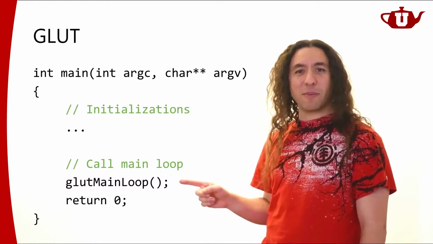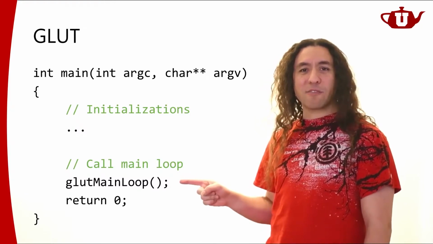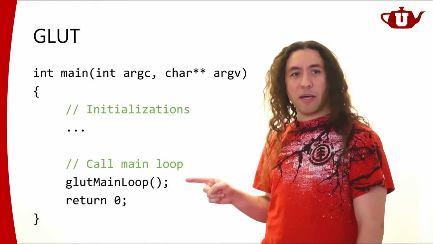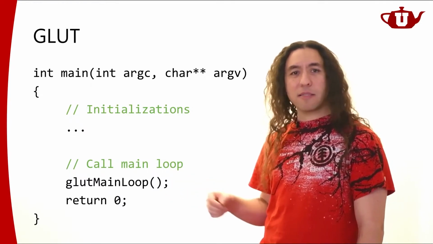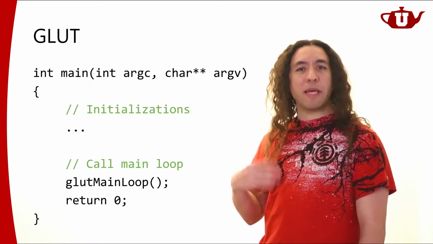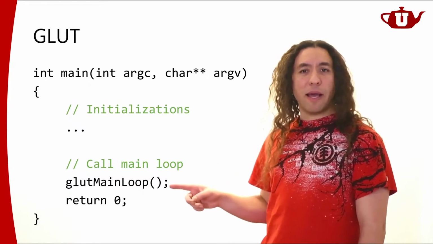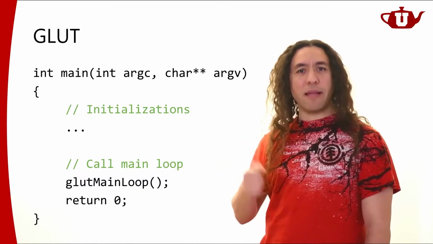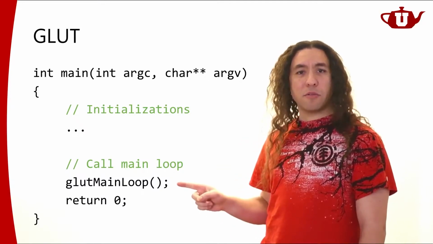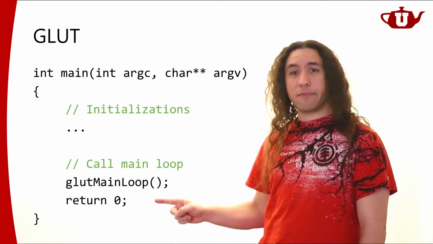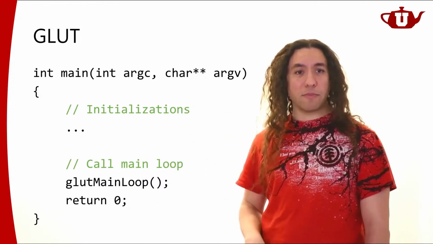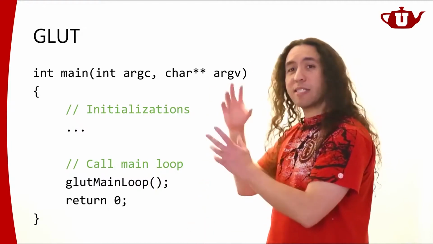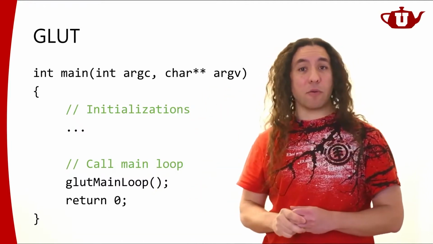So we're going to be interacting with our code inside this function. Everything will be in here. This is a function of the API, we call that, and GLUT will be handling everything for us. Once we close the window or give it an exit command, it's going to return from this function, and we can return from our main function and we're out. So that's the main style of how GLUT works.